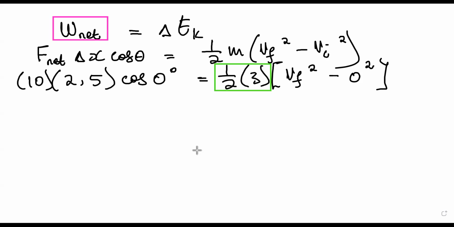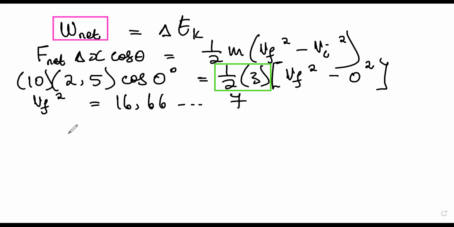And if you say 10 multiplied by 2.5, and you divide this by 1.5, then you find that VF squared is simply going to be 16.66666, so many 6s there, and you'll have 7 at the end.